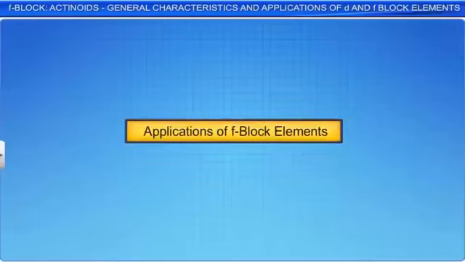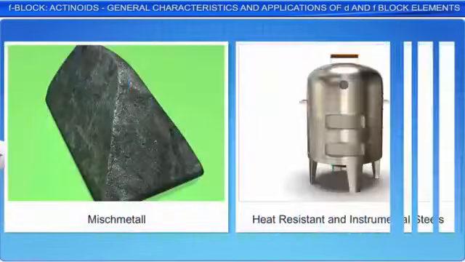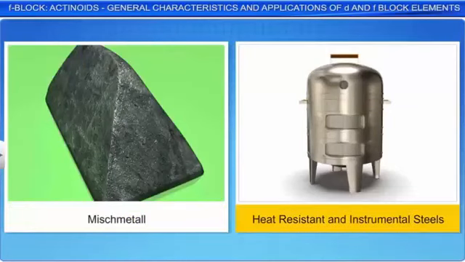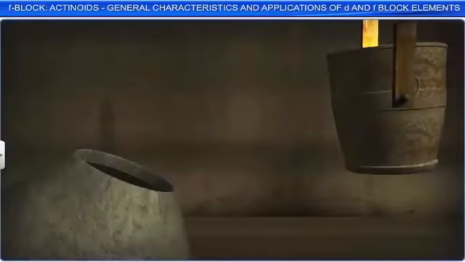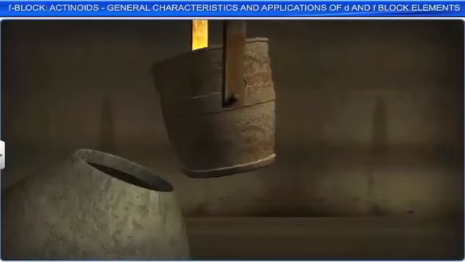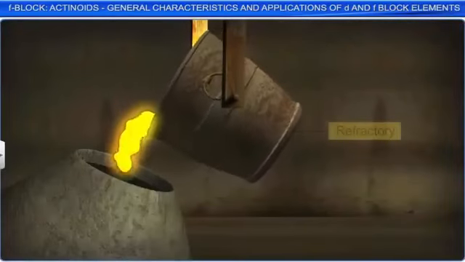Here are some applications of f-block elements. Alloys of lanthanoids, known as mischmetals, are used for the production of heat-resistant and instrumental steels. Borides, carbides, and nitrides of lanthanoids are used as refractories.